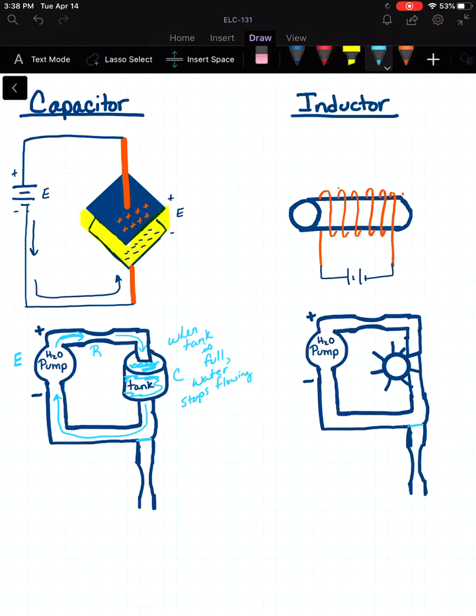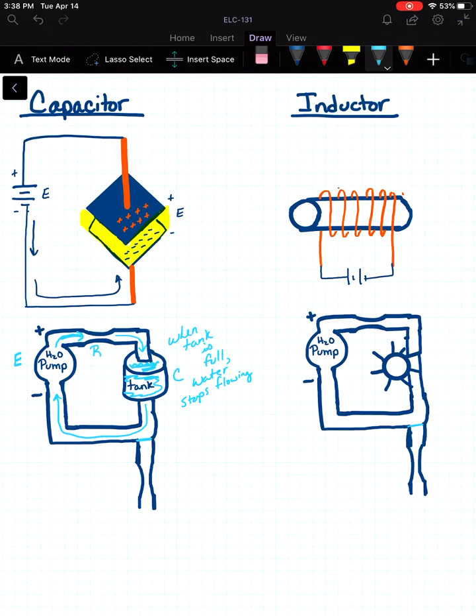Now, you'll see in a lot of circuits that a water tank is an analogy to a voltage source. That's the same thing that's going on here: our capacitor is like a voltage source itself. So it's going to store that voltage or that potential that we could use for something else until we need it.